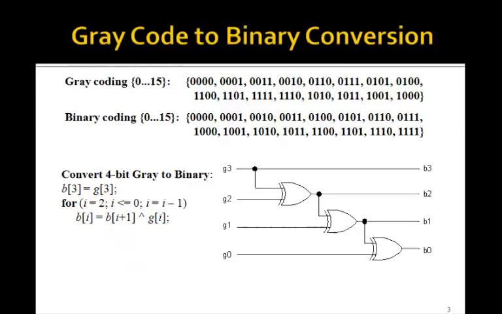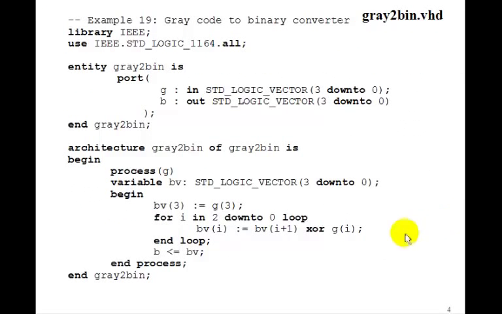So to solve that problem, we need to use what's called a VHDL variable. I show it here. Variables are defined inside of a process. So we have process G, and I'm going to define a variable BV, standard logic vector 3 down to 0. And then it's the variable BV that I'm going to assign to G3.